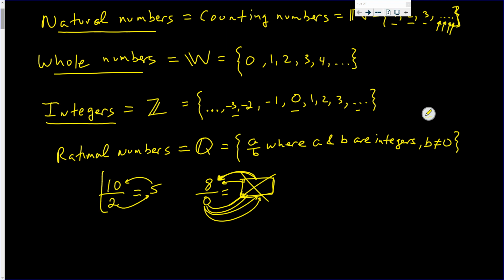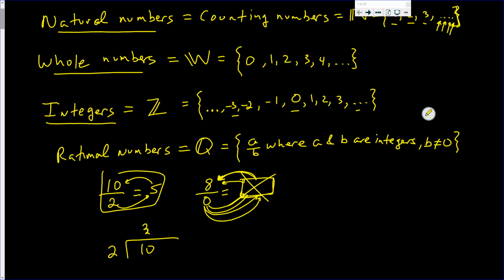Back to this one, an alternate way of seeing it. 2 into 10. Well, maybe it's 1. 2 times 1 is 2, that's less than or equal to 10. Let's try 2. 2 times 2 is 4, that's larger, but it's still less than or equal to 10.